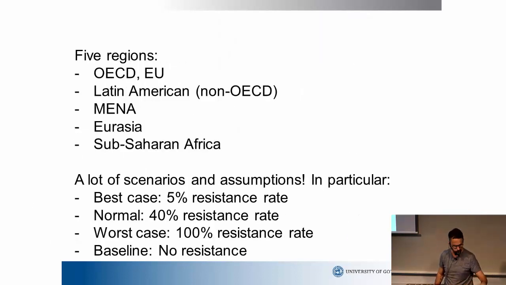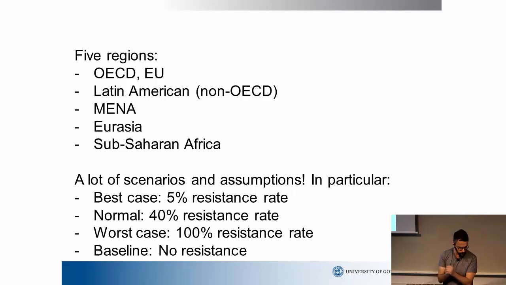So the first study I'm going to briefly present is called Estimating the Economic Cost of Antimicrobial Resistance. What they do is look at different regions in the world: OECD EU countries, Latin America, the MENA region, Eurasia, and Sub-Saharan Africa. And then they look at different scenarios, with different resistance rates, okay?